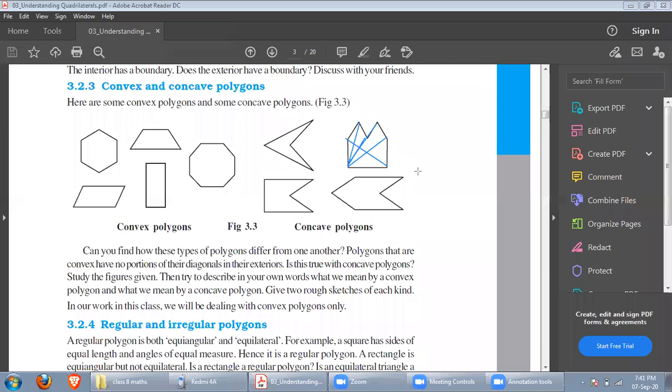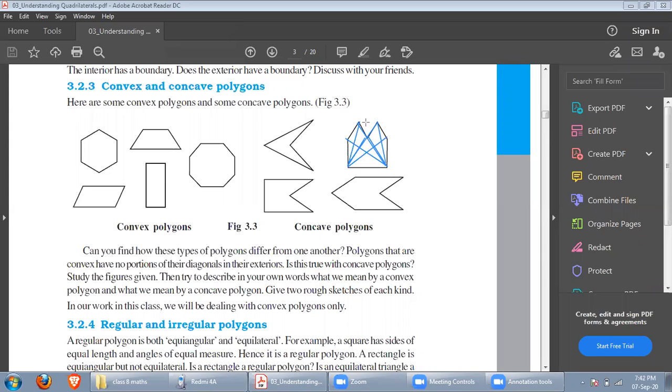Is my sound reaching you? Yes. So this is also one of the diagonals. Then this will join this point. This will also join this point, diagonal. Like this, it will go on.